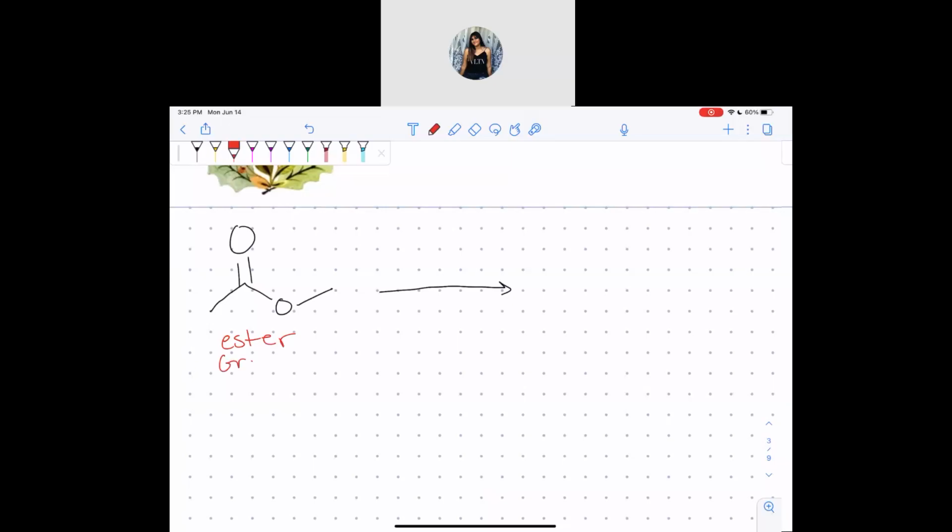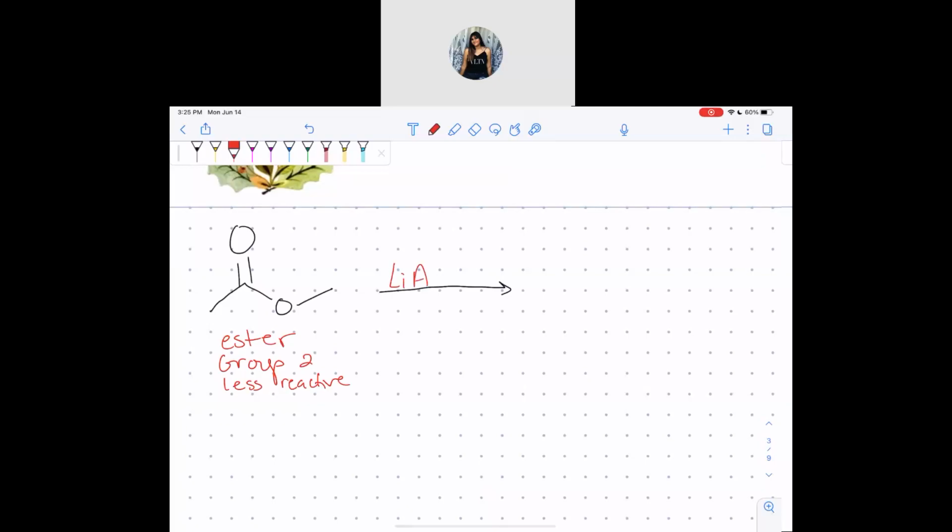So yes, this is group 2, and we know that group 2 is less reactive. So if it's less reactive, which reagent are we going to use? LiAlH4 or NaBH4? Yes, exactly. LiAlH4, and we have to use that one because it needs the more reactive substance.